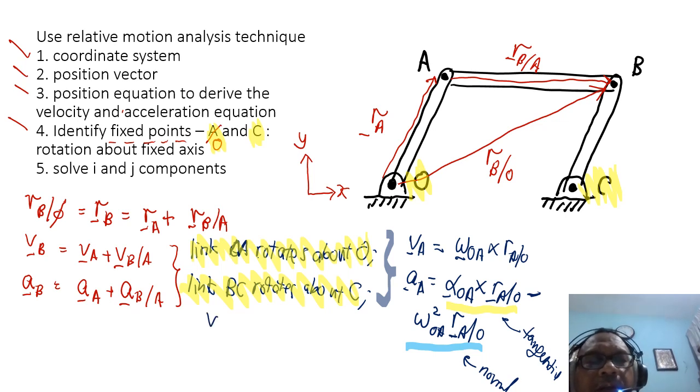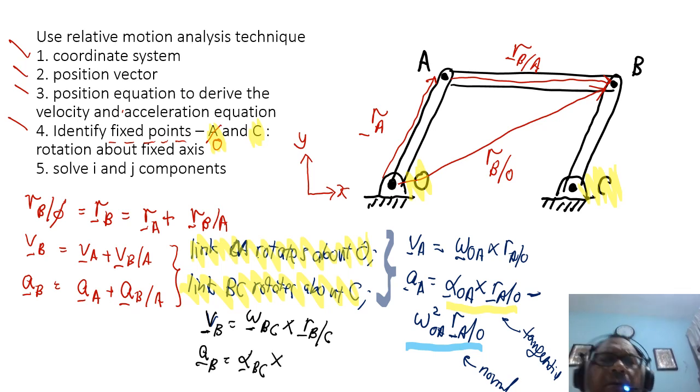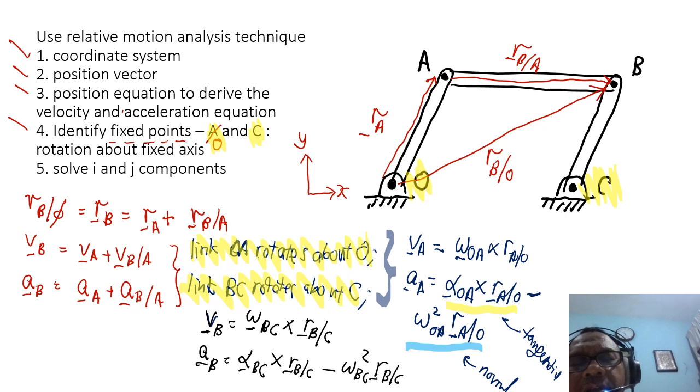VB equals omega BC cross position vector B relative to C, and then the acceleration of B: the same alpha BC cross position vector B relative to C, and then the normal acceleration, minus omega BC square position vector B relative to C. So now I can box these two equations.